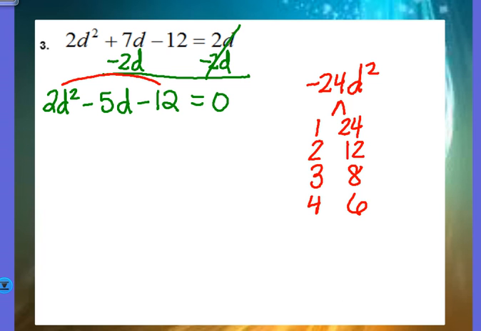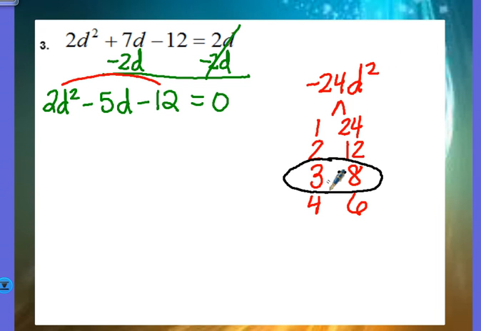Which combination can we combine in some way to get to this middle term, negative 5? If you are choosing 3 and 8, you are correct, except we must make the 8 negative. Now they really add up to negative 5 and truly multiply to negative 24.